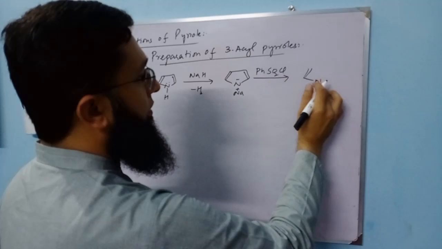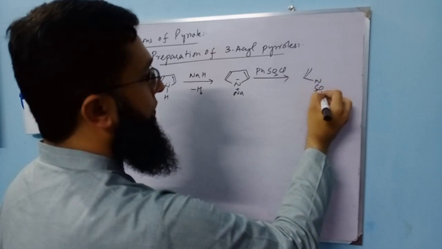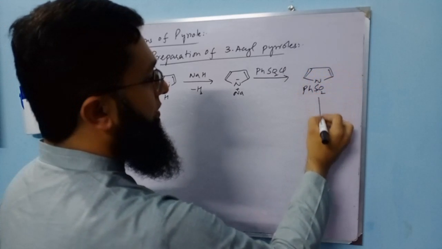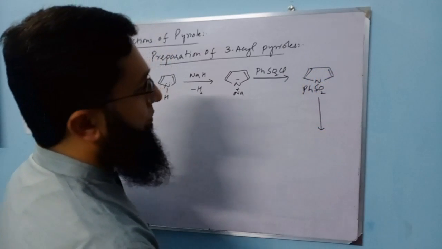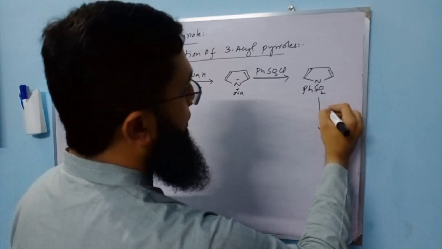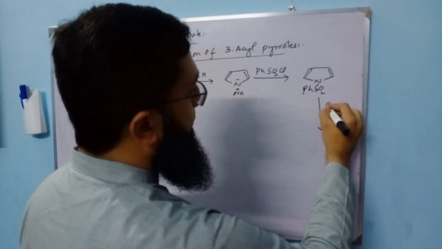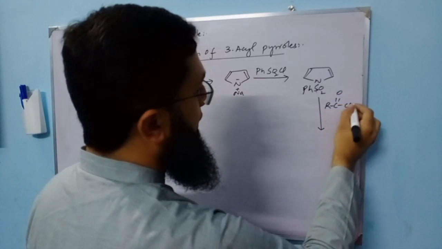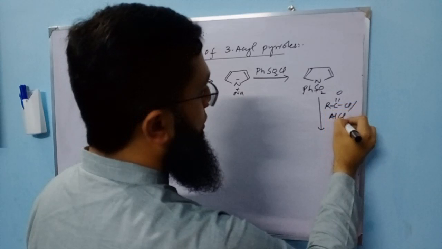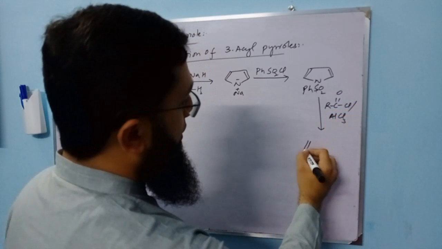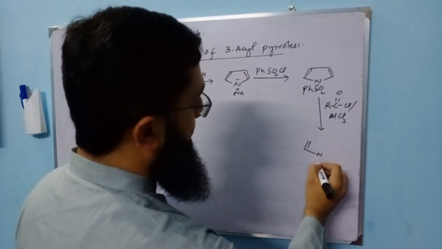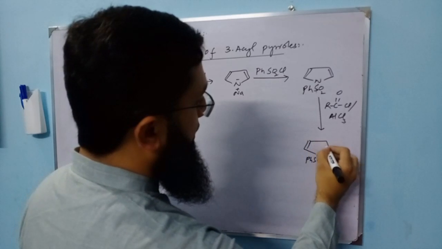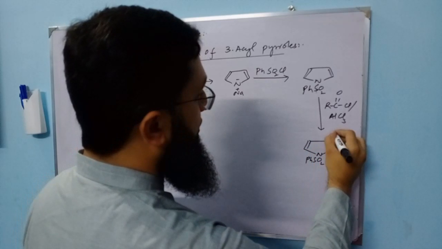the N-sulfonyl derivative, and this can be used in a Friedel-Crafts type reaction, with RCOCl, an acid chloride, in the presence of aluminum chloride, and we get acylation at the 3 position.